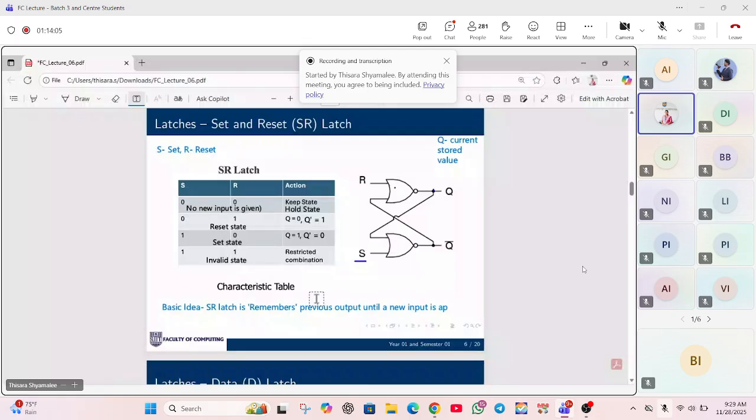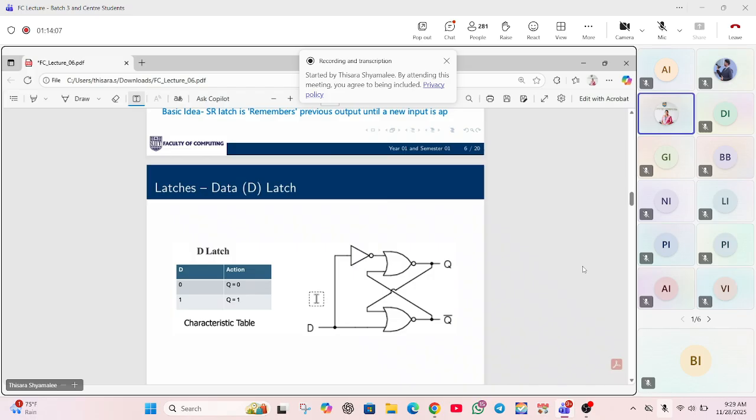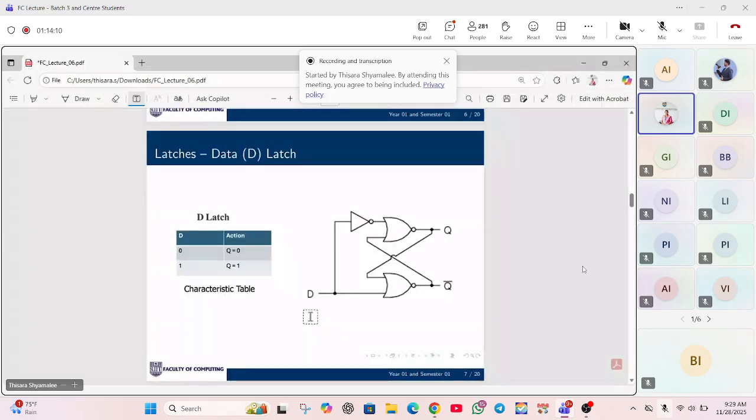Okay, so that is the set reset latch. So let's move to the D latch. When moving to this D latch, D means the data.